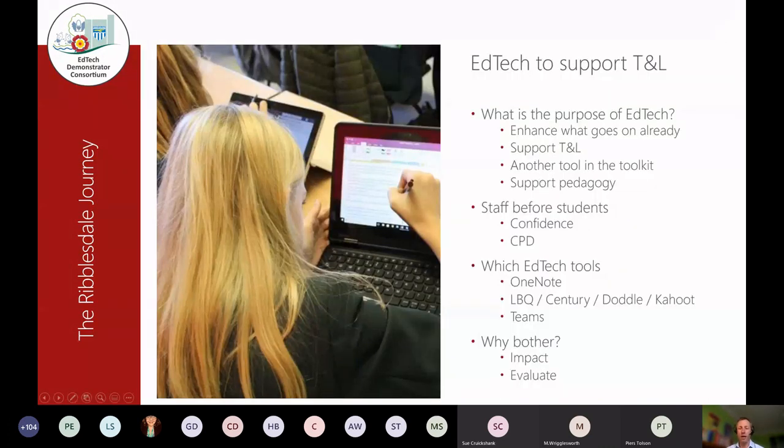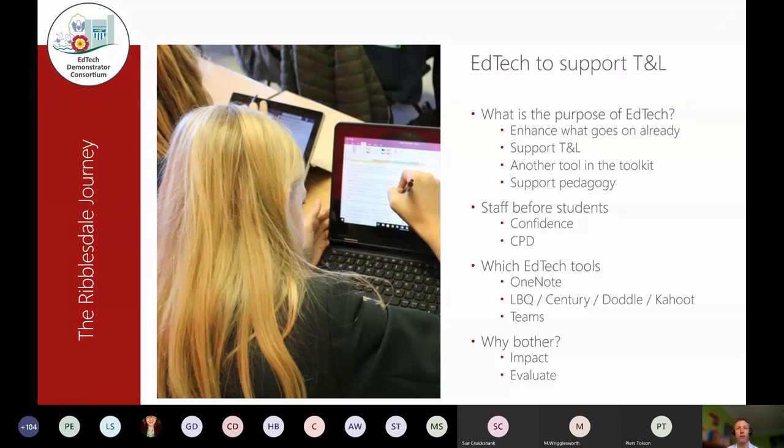So in terms of EdTech to support teaching and learning, there are a few questions to ask yourselves. Ordinarily organisations would have a number of years to roll out their EdTech strategy, but unfortunately at this stage it's going to be done in a compressed way for a lot of people. But there are still lots of things to consider, and I think the order still matters. EdTech is there to enhance what already goes on in the classroom and across school.